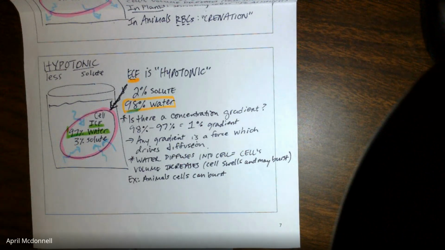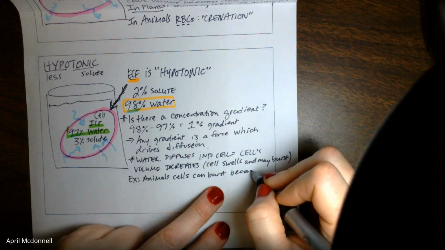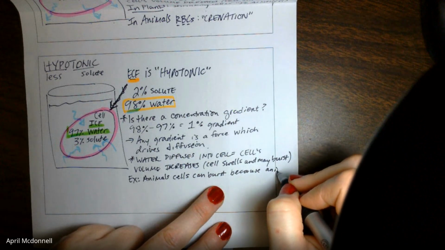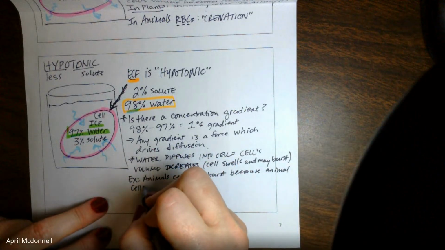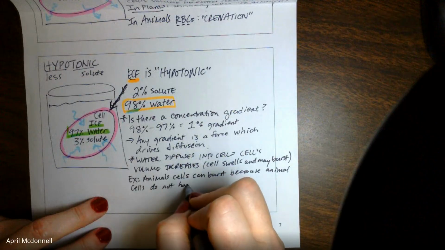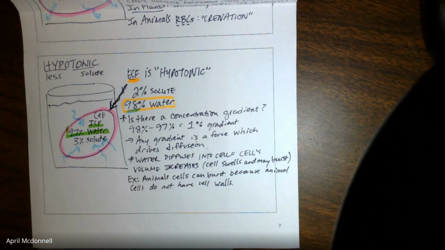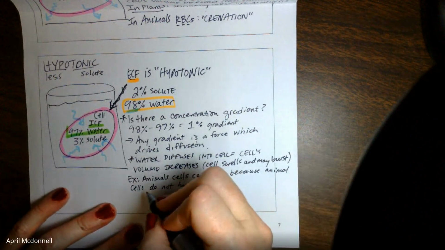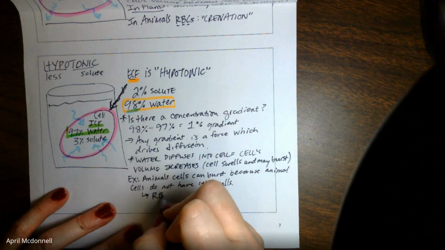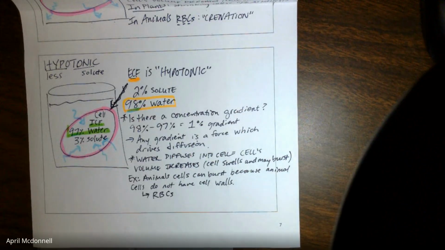This is because animal cells are not confined by a thick lining called a cell wall. Cell walls are very thick linings surrounding and protecting cells. When red blood cells of animals are exposed to hypotonic solutions, they are at risk to burst.